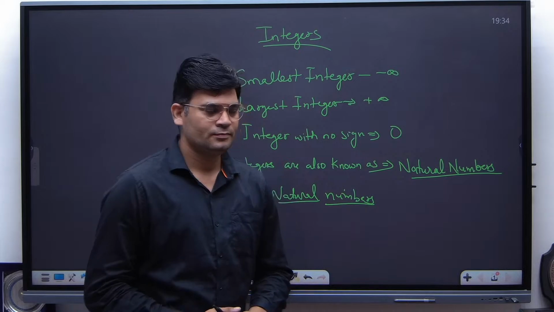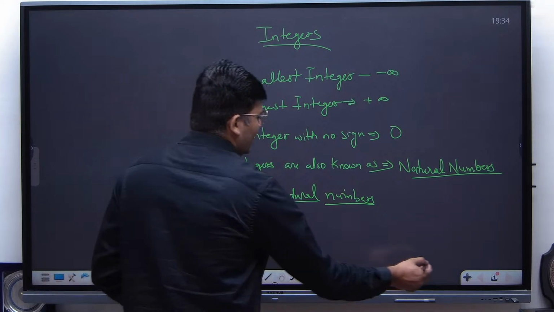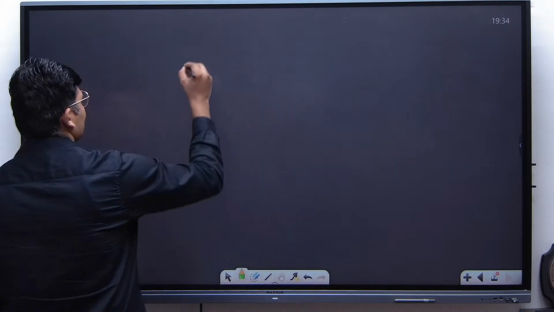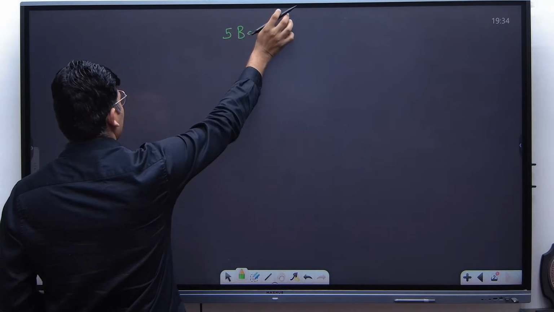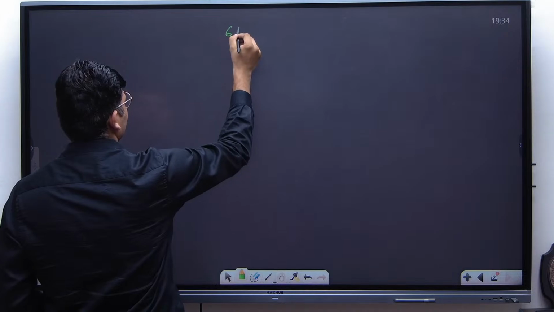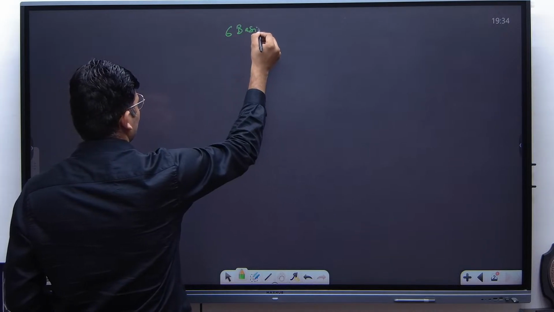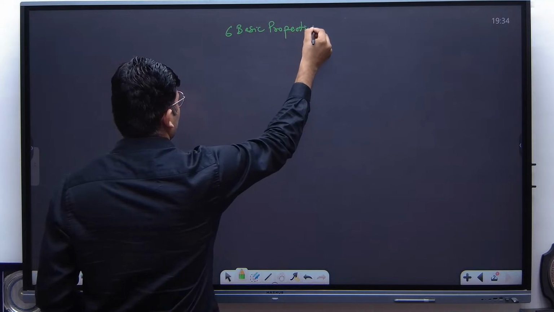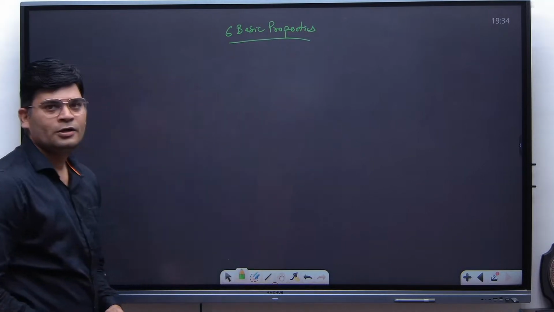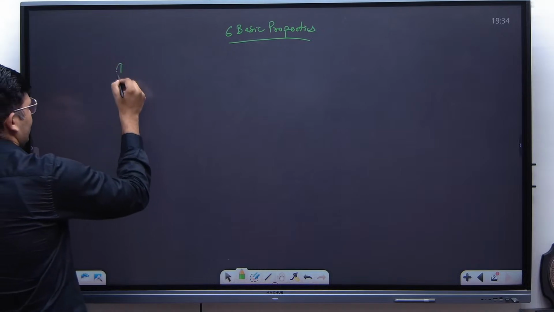Okay. Then there are some properties in mathematics. I think there are 6 basic properties. So you should understand, first there is a number system.